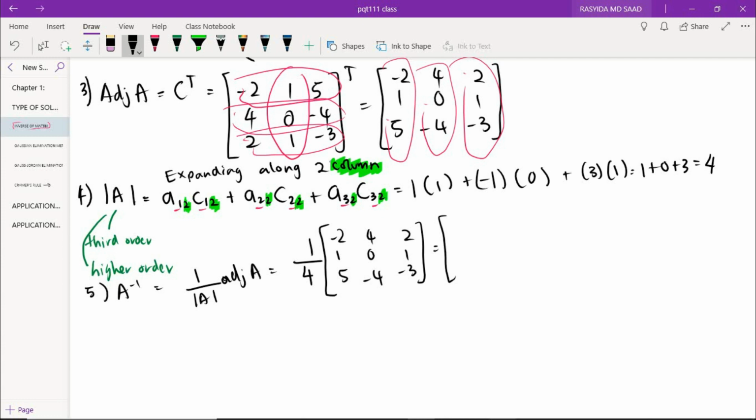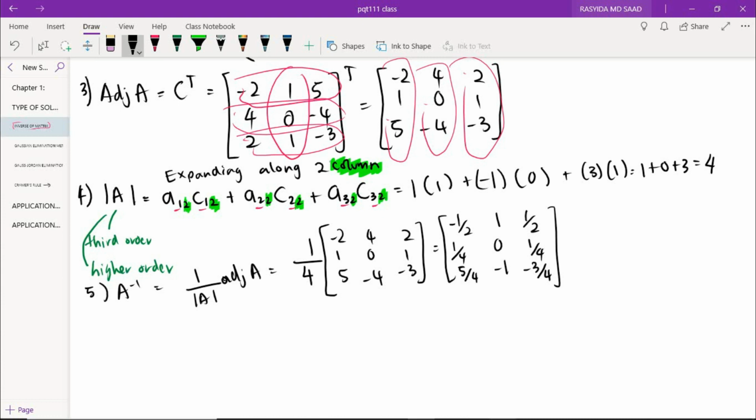So it will be negative 1 over 2, 1 over 4, 5 over 4, 1, 0, negative 1, 1 over 2, 1 over 4, negative 3 over 4. Remember, this is the inverse of A.